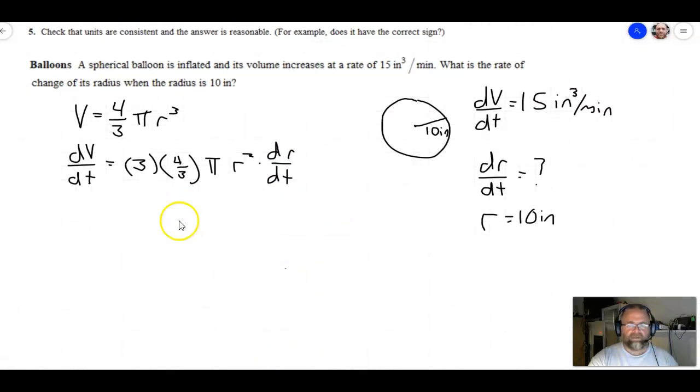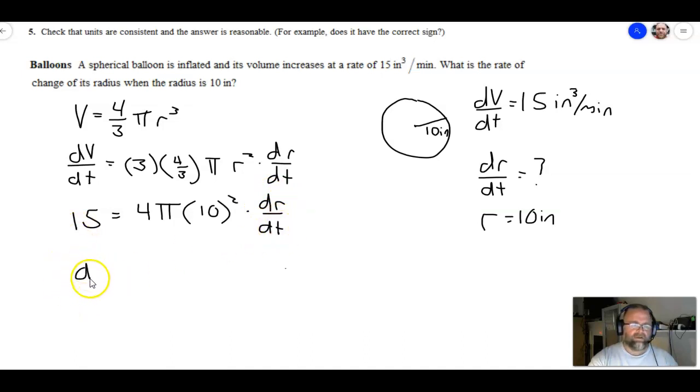So cleaning this up a little bit and doing some substitutions, I know that the derivative of the volume with respect to time is equal to 15. I'm not putting all the units in, like I said. Then the 3's cancel out, so I'm just left with 4 pi times the radius, which is 10, so 10 squared, times what we're solving for, dr over dt.